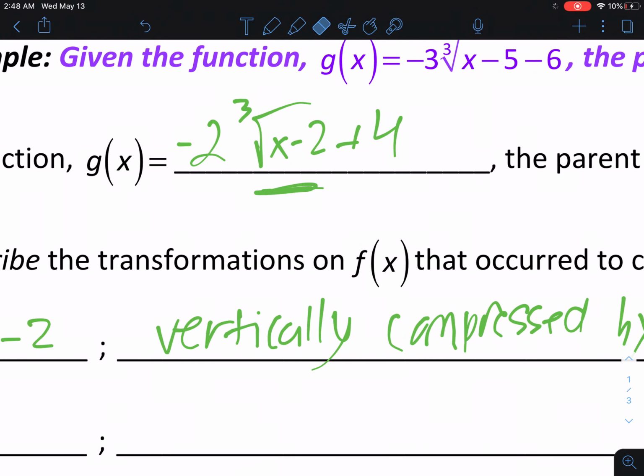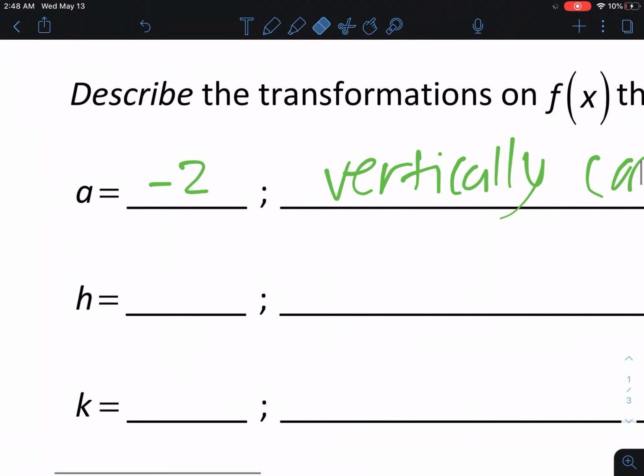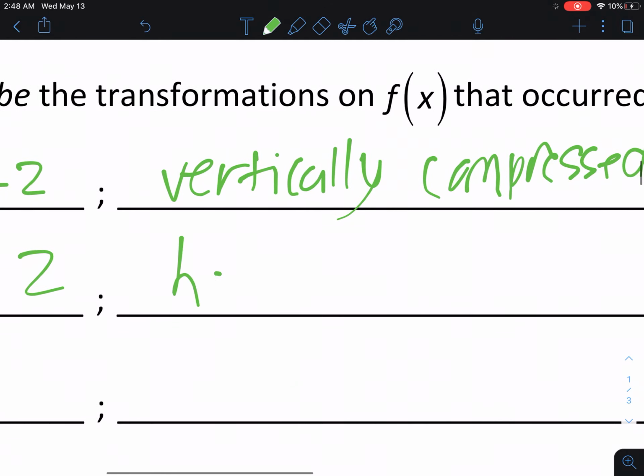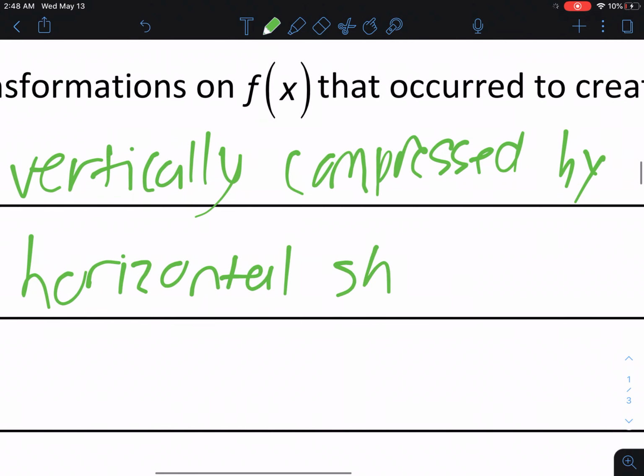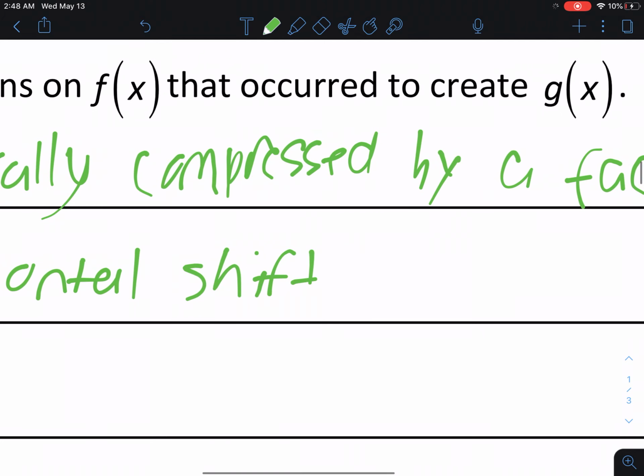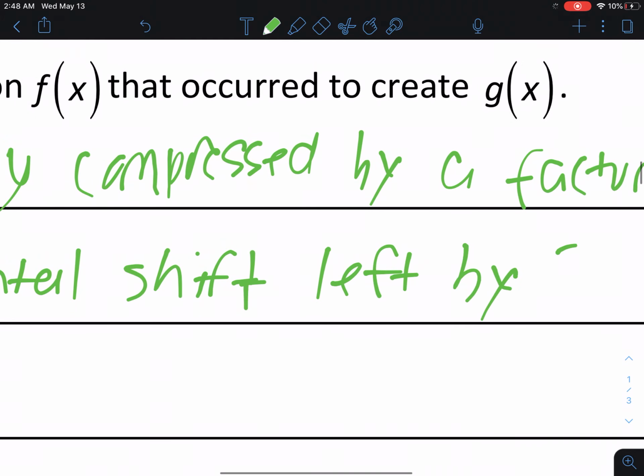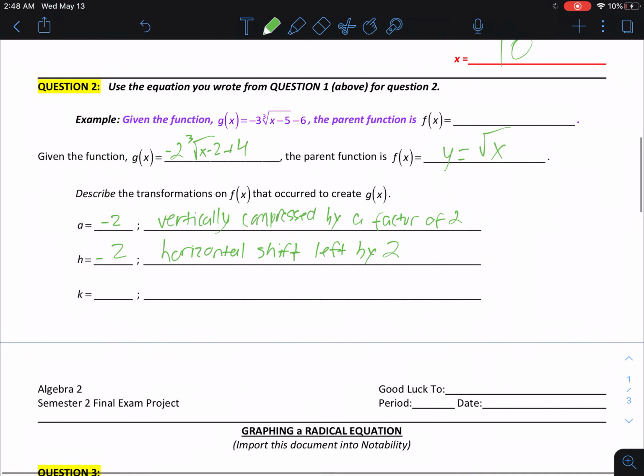Now for h, it equals negative 2 again because it's the equation x minus 2. This is a horizontal shift left because it's negative by 2 because of the x minus 2.